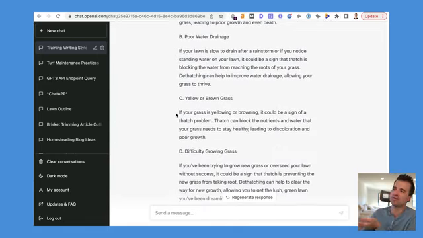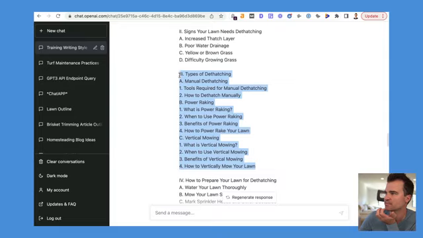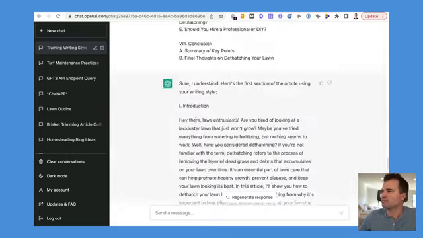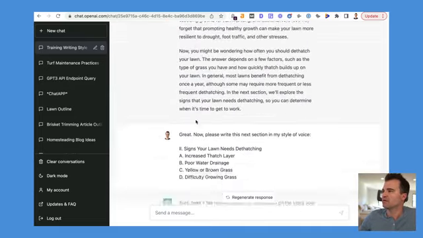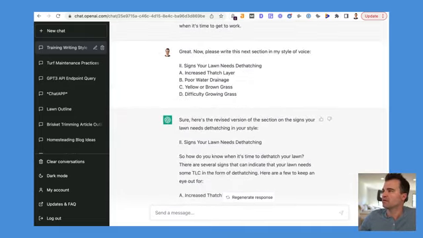I'm going to keep going for a couple more sections. I don't think I need to do the whole thing, but I'm curious how this gigantic section does. Let's see how it does here. So I'm going to reuse that prompt. Great. Now, please write this next section in my style of voice.